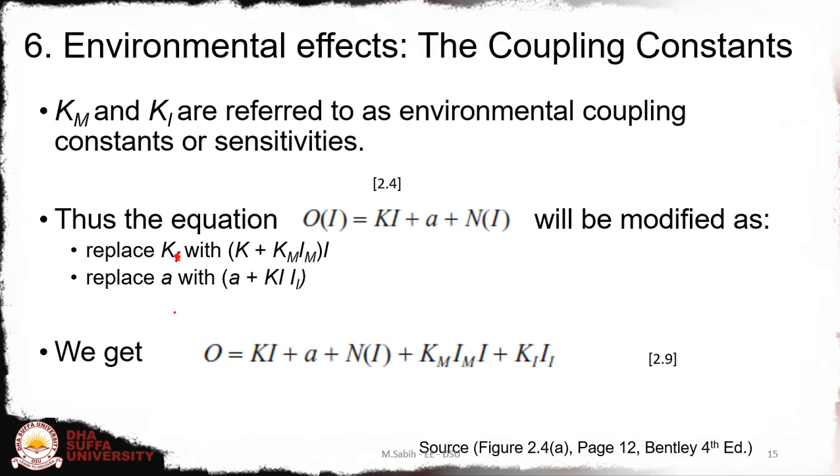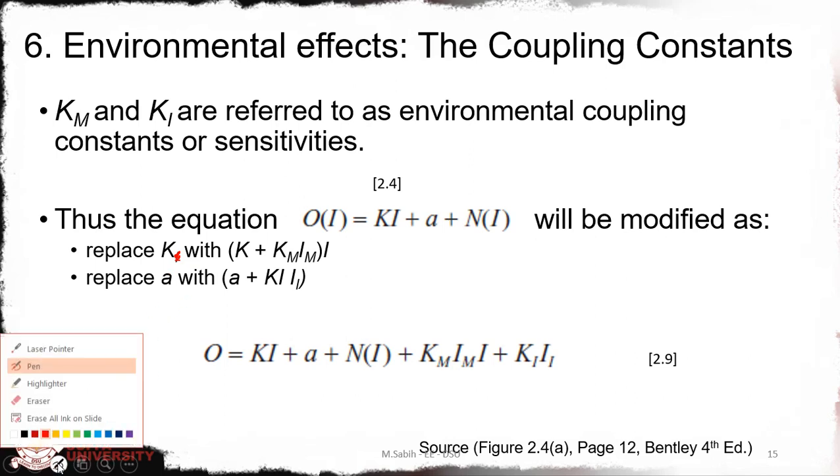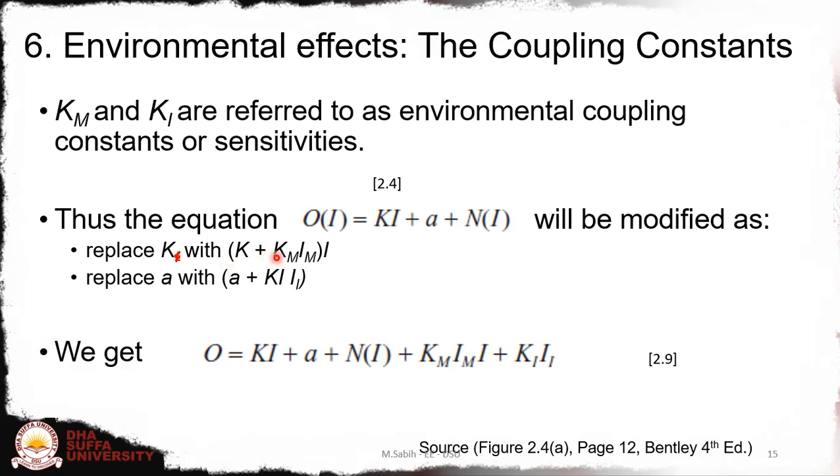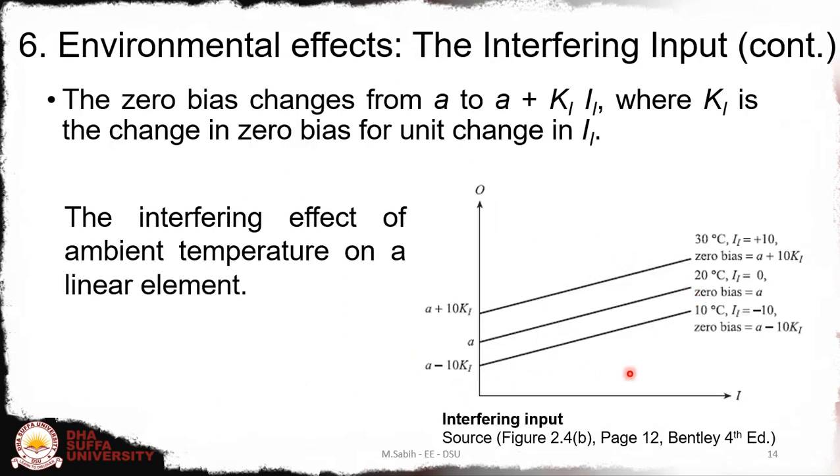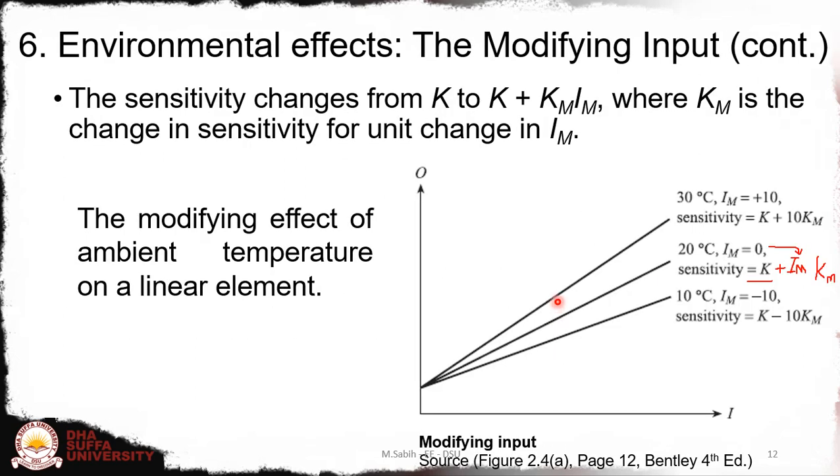K will become K plus Km IM, times I. So we get a new model here. You see the model is now extended, and we have these two terms which take care of the environmental inputs. This equation 2.9 can take care of this model and this model as well.